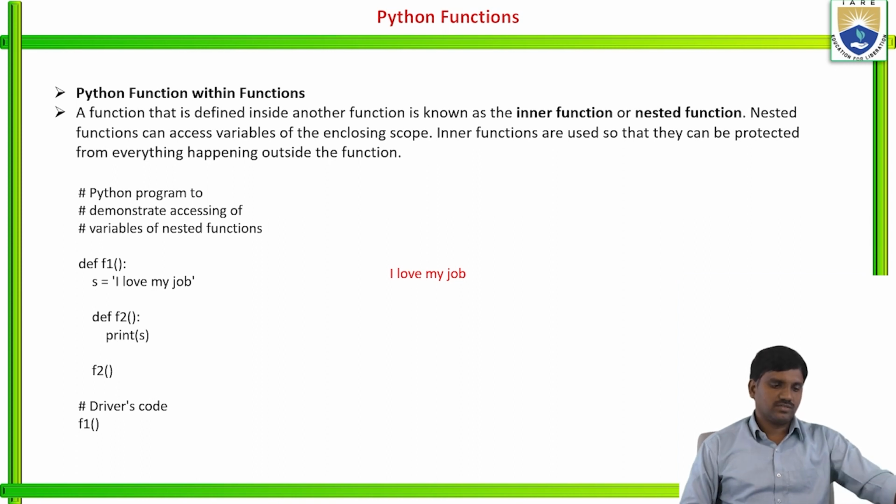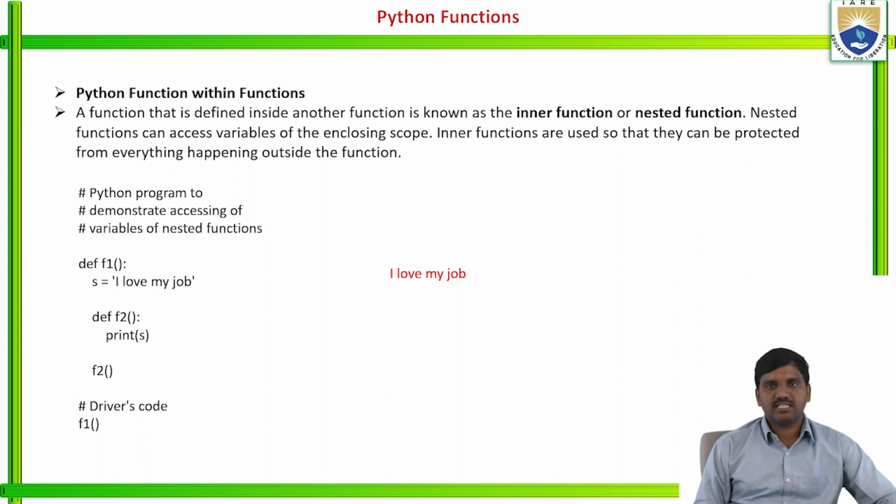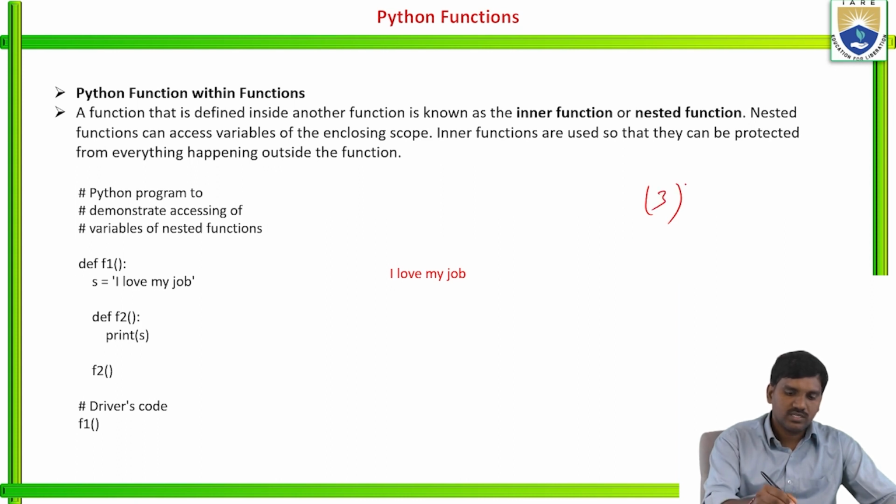Next, Python functions within functions, that is, a function within a function, is called a nested function. Nested means one inside another. For example, here this is function 3, and it is within 4, so 3 within 4, like that, you have to understand.